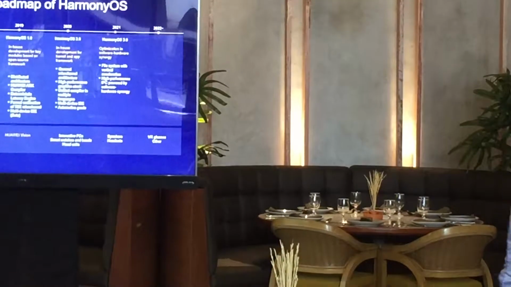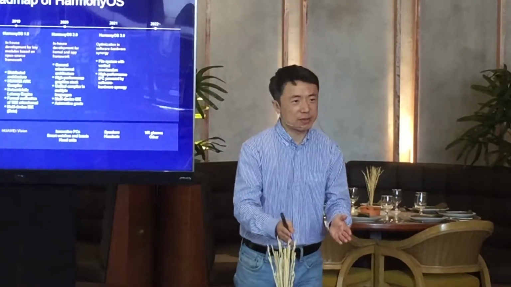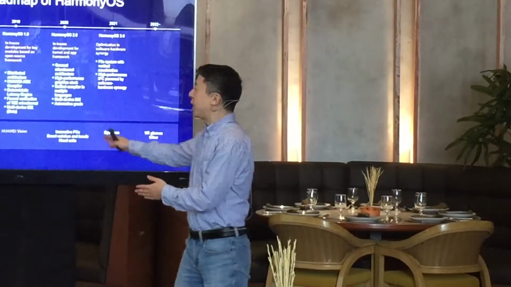Yeah, so for one device, one model, usually we will not have two OSes. So it's either this or that, okay? Which means if you're buying a Huawei smartphone, probably it's an Android device. If you're buying a Huawei smartwatch, one year later it will be Harmony OS by default. Thank you. Thank you so much, sir.